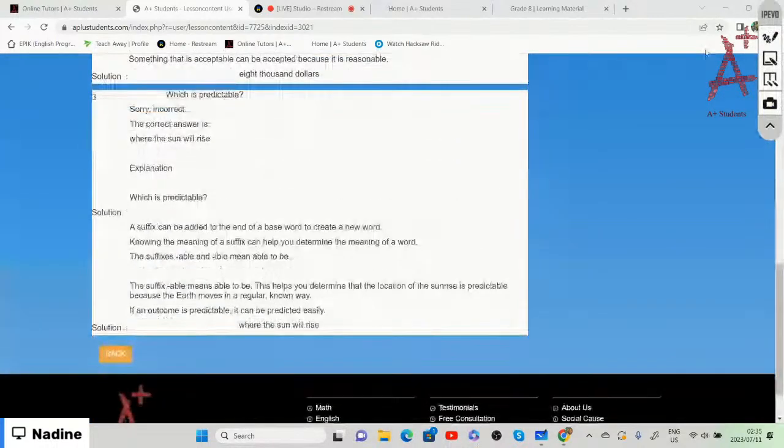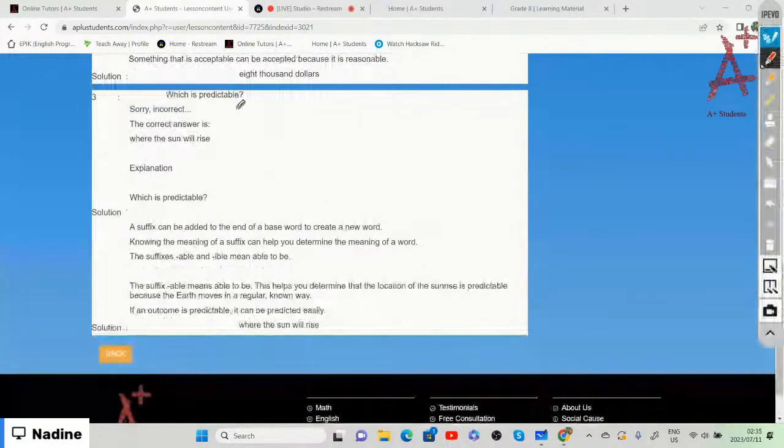Which is predictable. Predictable. So we said that something that will be predictable, right, is the location of the sunrise, right?